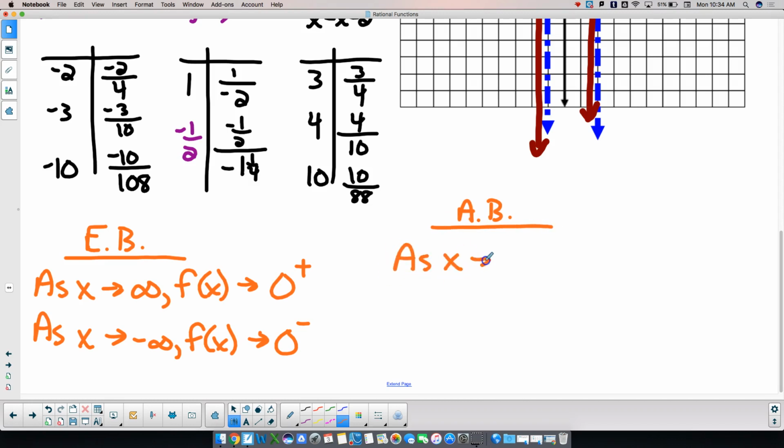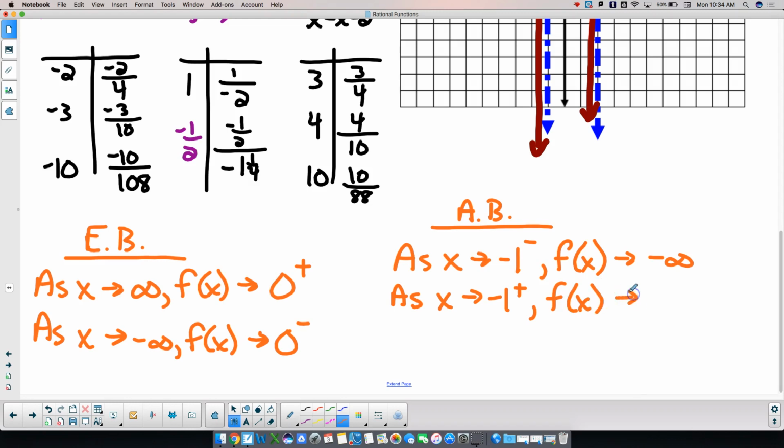As x is approaching -1 from the left, my function is going down, so that's negative infinity. As it's approaching -1 from the right, my function is now going up. As x is approaching +2 now from the left, my function is going down.